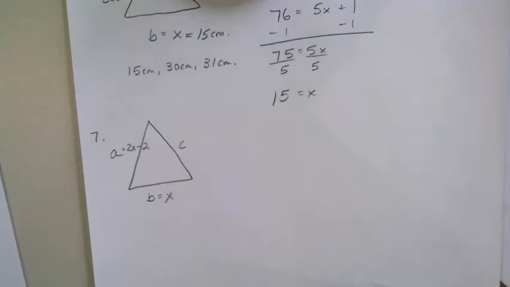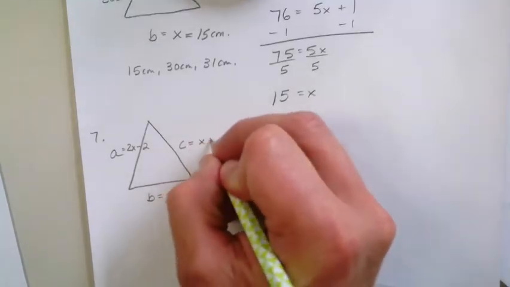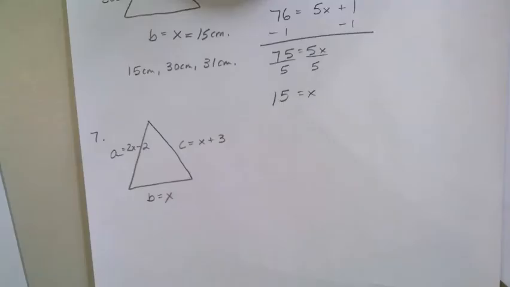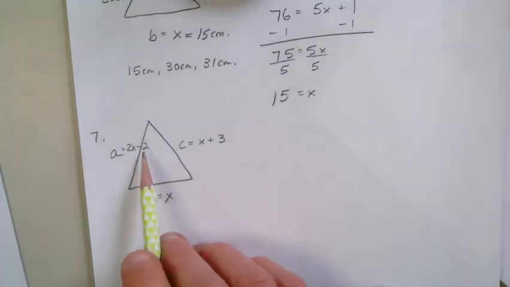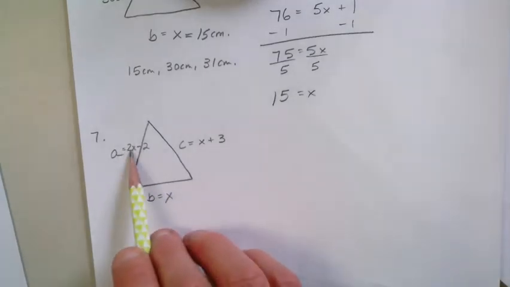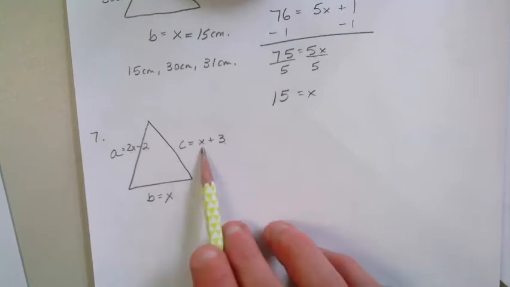Side C is 3 meters longer than side B. Hopefully that made sense: 2 meters shorter than twice side B, 3 meters longer than side B.